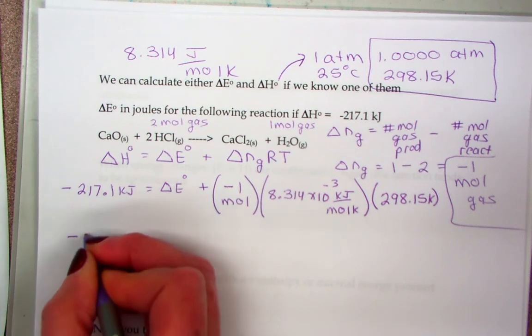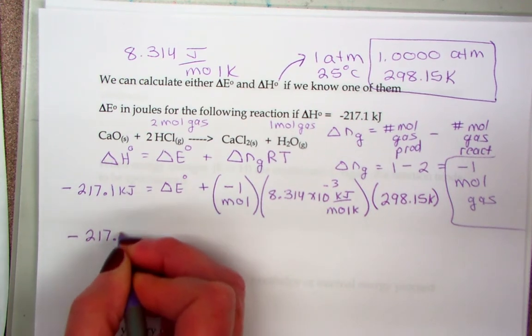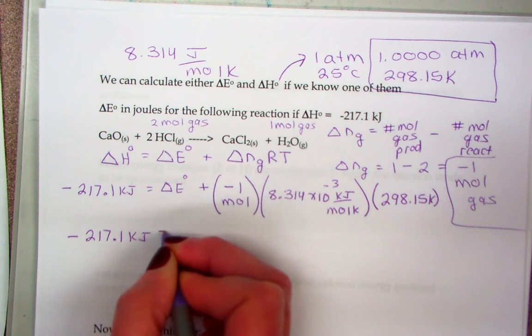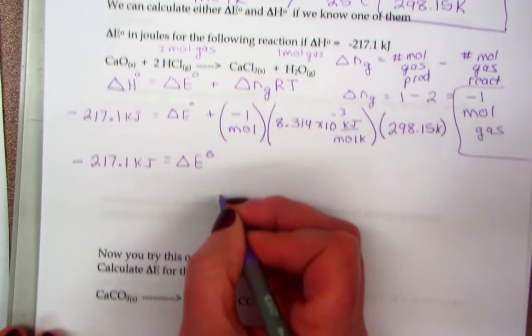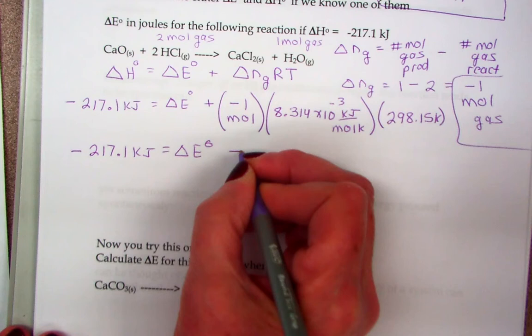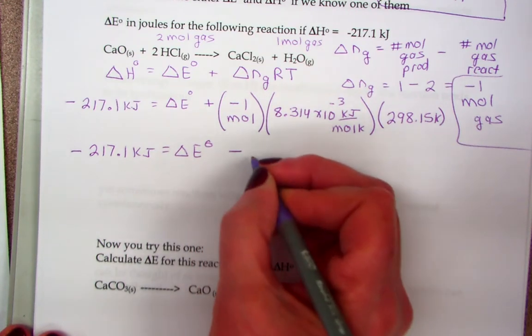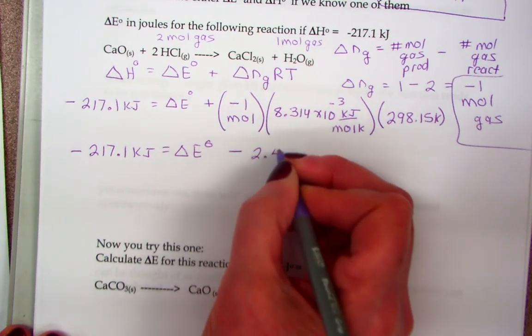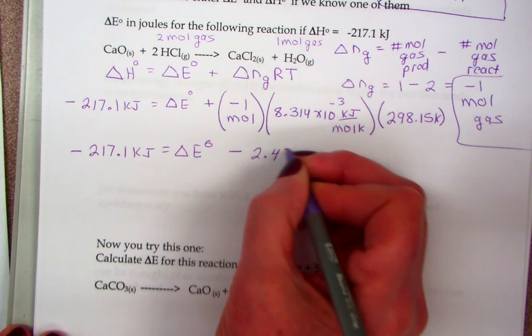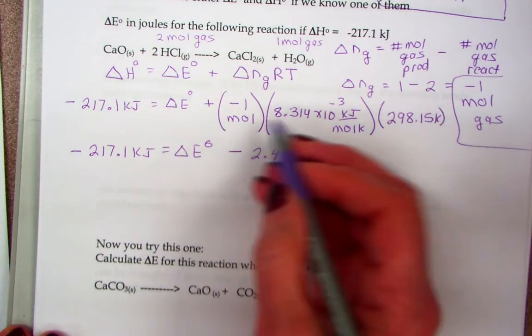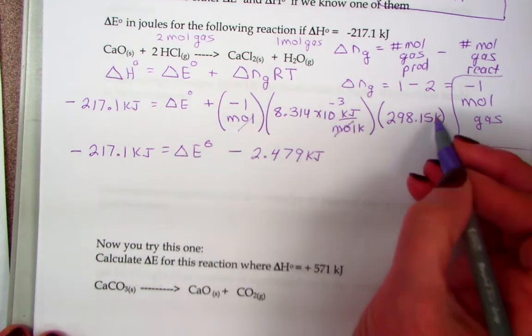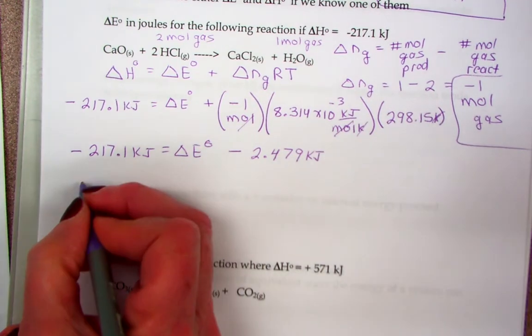So negative 217.1 kilojoules is equal to delta E0 minus 2.479 kilojoules, because my moles cancel and my Kelvin temperature cancels.